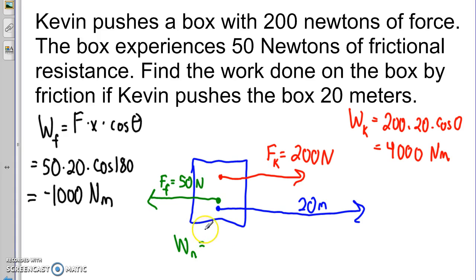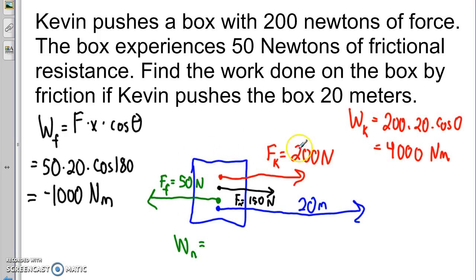You could also find it another way, though. There's another force we haven't drawn, because there's the force of friction and the force of Kevin, but you could combine these together to get the net force. F_N for net force is 150 newtons, 200 minus 50, because again, these are vectors.